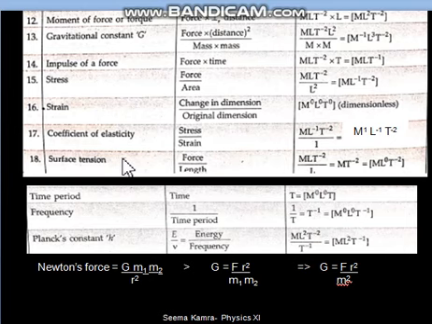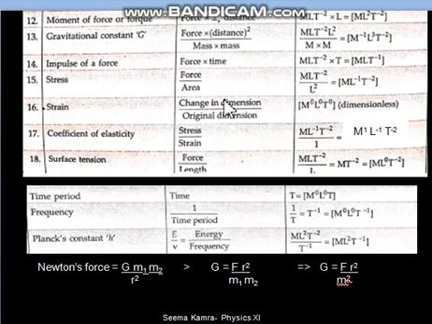Now let us proceed to surface tension. You have to learn this formula also. It is a new quantity. In our coming unit we'll be understanding it. Surface tension is force upon length. So the detailed introduction of these quantities which are new for you will be given in the coming units wherever they will appear. Just now you have to only learn their basic formula so that you can get their dimensional formulas.